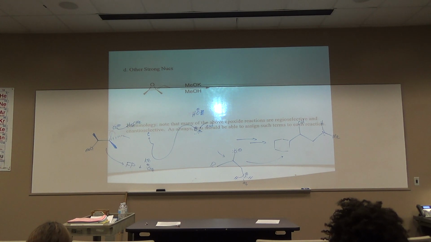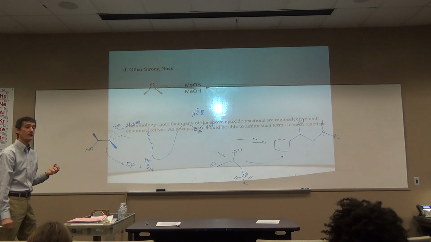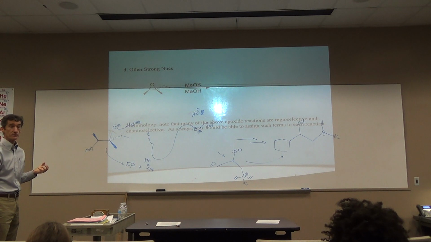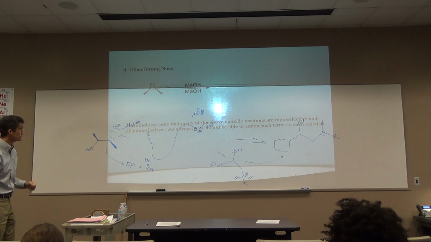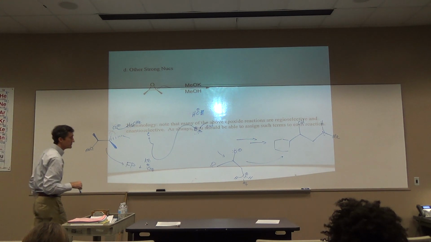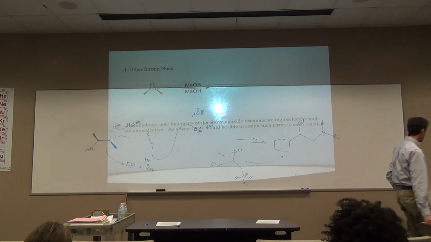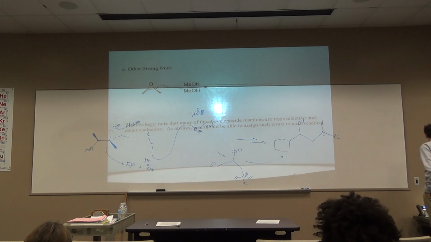The difference is that if you have a strong nucleophile, it'll come in and kick that oxygen off even without protonating it. We're breaking that rule that we learned in Organic 1. To get carbocation chemistry with epoxides, you need acid.